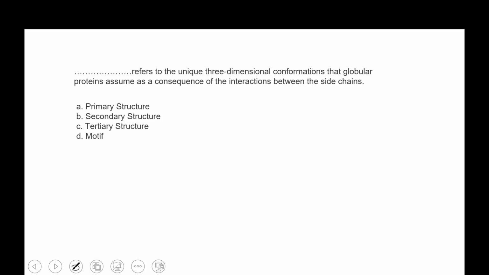This refers to the unique three-dimensional conformation that a globular protein assumes as a consequence of the interaction between the side chains. So what will be the correct option? It's very easy. 3D structure. Do primary and secondary structure give you the 3D structure?